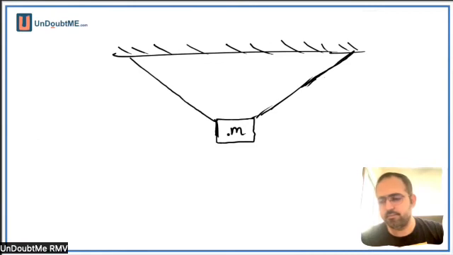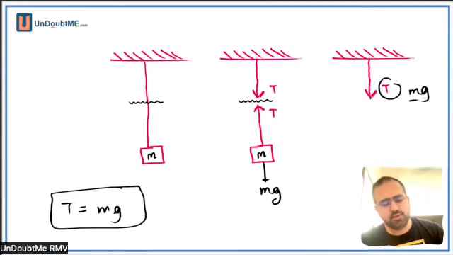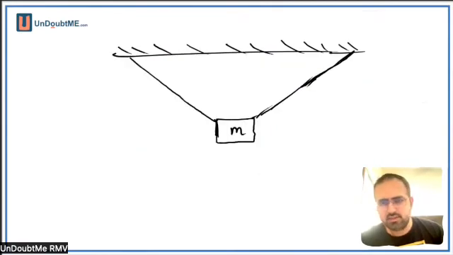Sir, over here the force of tension and weight would be equal, because T equals mg. No, that T is equal to mg was applicable for this system. As soon as the system changes, everything will be different.